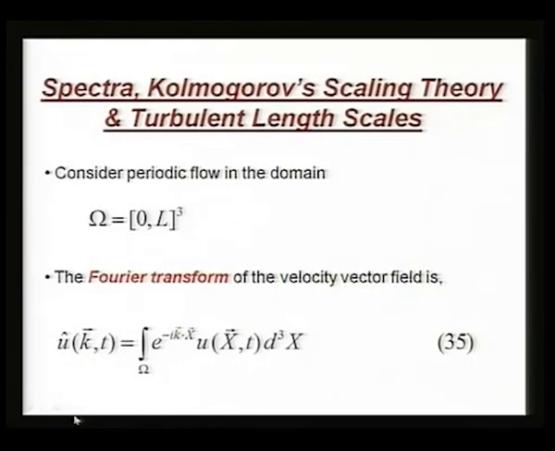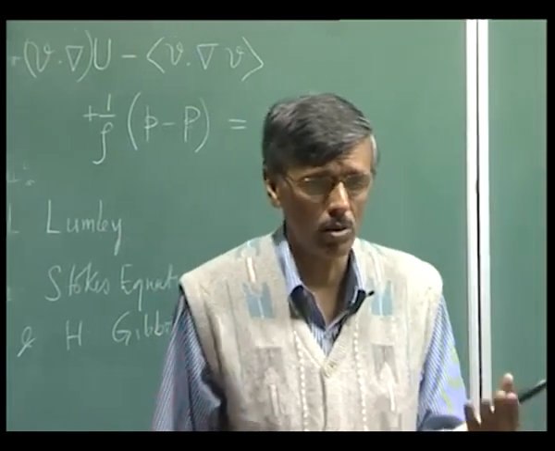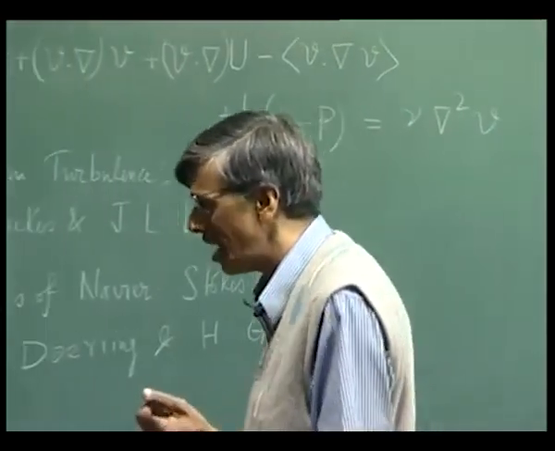Okay, let us now move on to a different approach. See, so far what we have done, we have looked at turbulence as a kind of a time varying quantity, and we looked at it in terms of its time averaged equation, the RANS equation. Now, we have also of course talked a little bit about large eddy simulation, but not to a great extent.